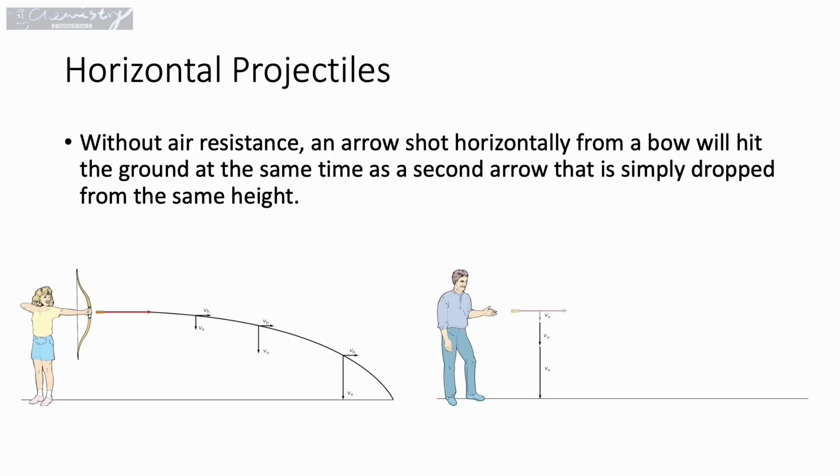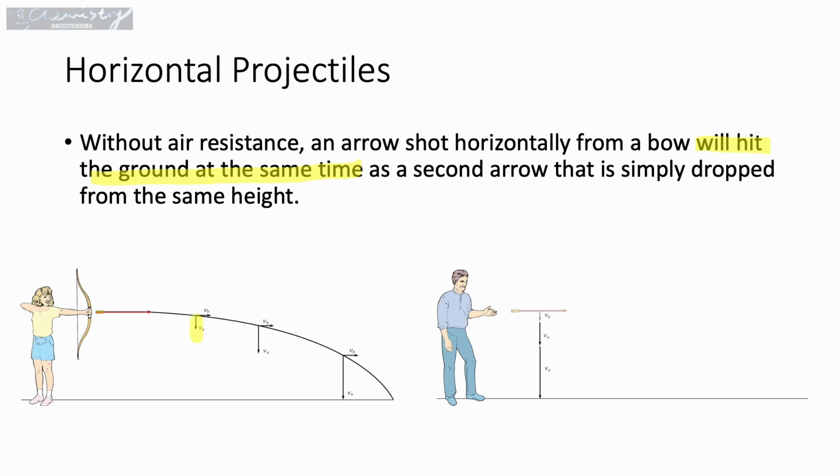So we can ask ourselves, when there's no air resistance, is the arrow going to drop at the same time if we shoot it out or if we just drop it? The answer is yes. They will hit the ground at the same time, because they are both affected by gravity.